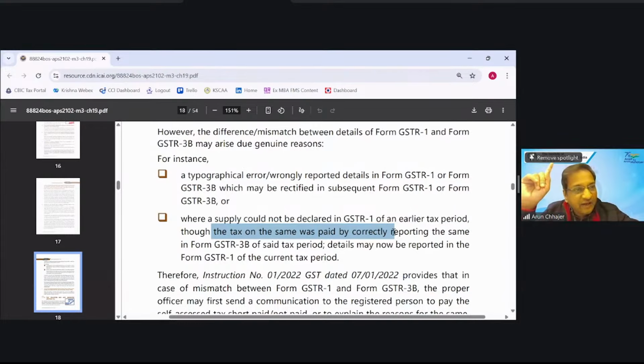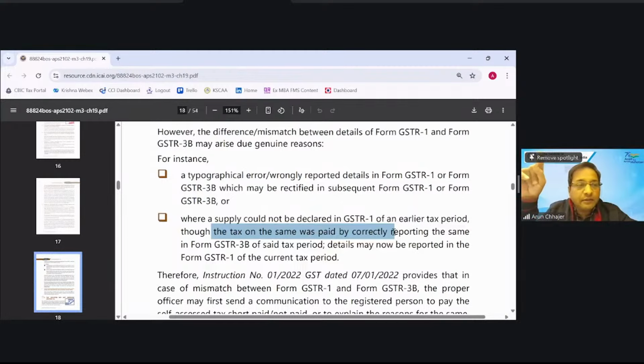अगर मैंने GSTR1 फाइल कर दिया, ठीक है, देन और अगर कोई इनवॉइस छूट गया मेरे से, I have left one invoice, तो I have to pay the tax, then I can add in the 3B. तो जो 3B में ऑटो पॉपुलेट होता है ना, मैं उसको इंक्रीज कर देता था मैनुअली, because 3B is editable as of now. Once I do the manual increase, then what happens?